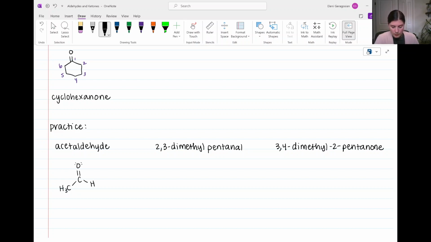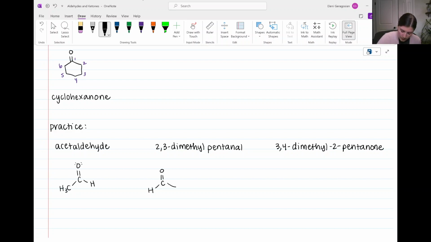Okay, now we have 2,3-dimethyl pentanal. Pentanal, again, tells me we have an aldehyde, and there are 5 carbons in the chain. So I'll put the end of the chain as the aldehyde. It has to be the aldehyde at the end because that carbon is bonded to a hydrogen in order for it to be an aldehyde.